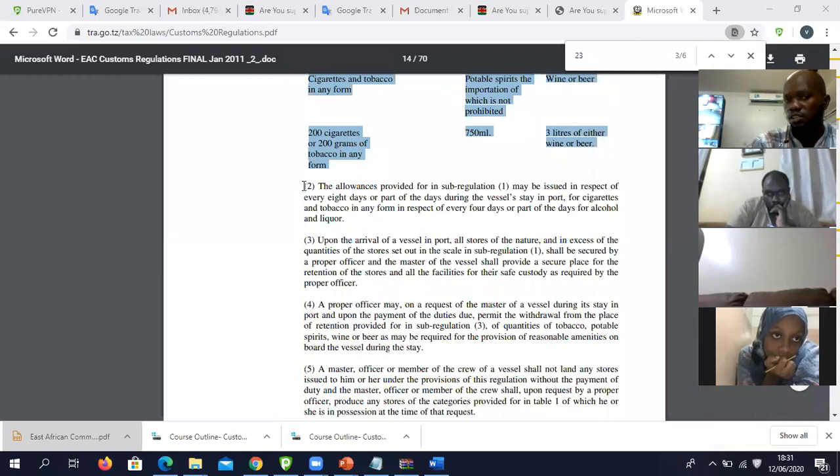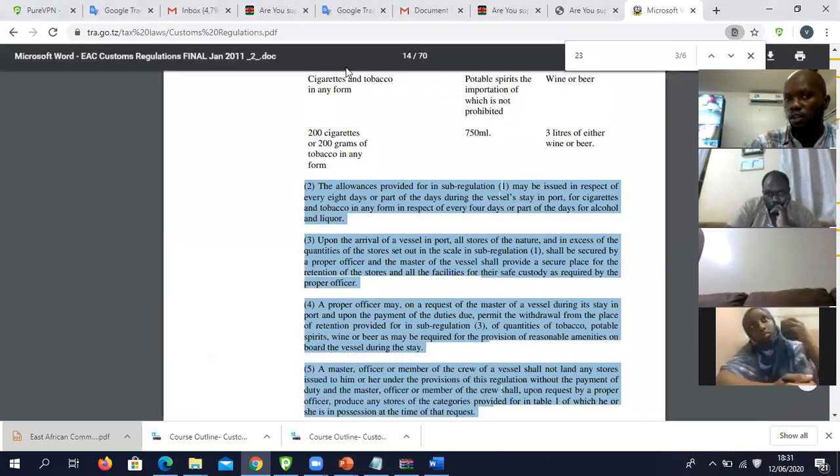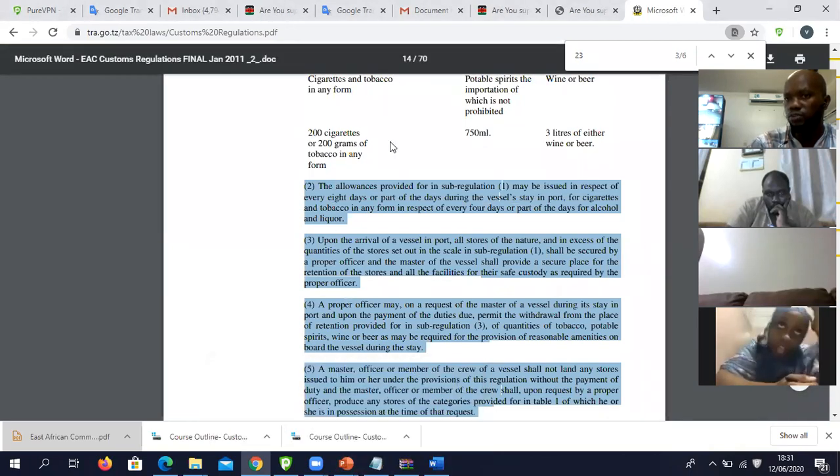So all this is read together with this part. I think that you can read on your own time and understand more in depth how this duty-free allowance of stores is accorded to crews and passengers and even owners of vessels.